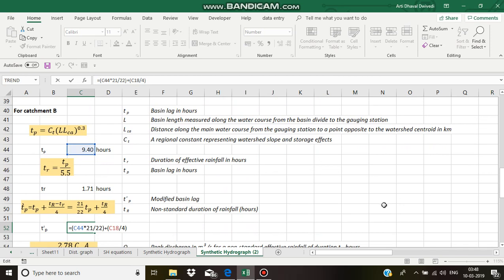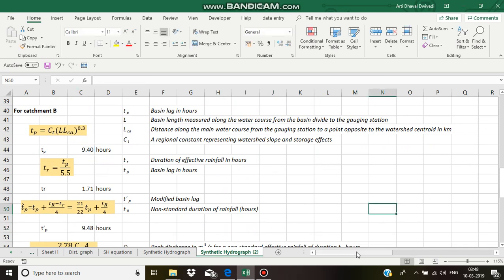So using the value of tp and TR, we can calculate T dash P, the modified basin lag. It is 9.48 hours.